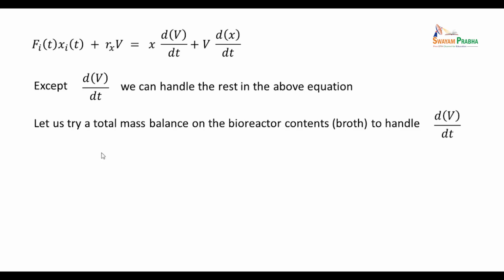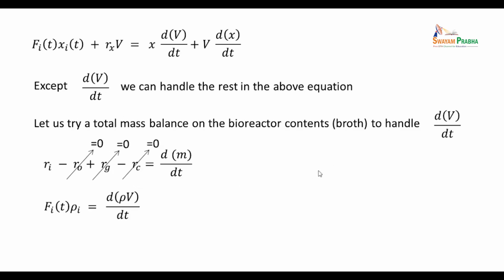To do that, let us try a total mass balance on the bioreactor broth. If we do that, there is no output, there is no generation of mass, there is no consumption. All these terms go to 0, and therefore Fi(t) into rho_i equals d/dt of rho V. This is total mass, density into volume.